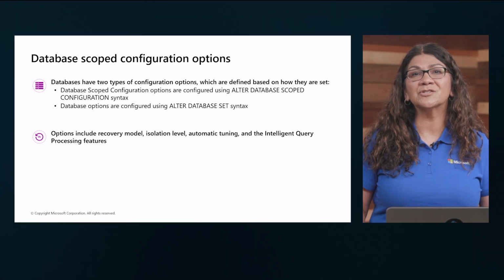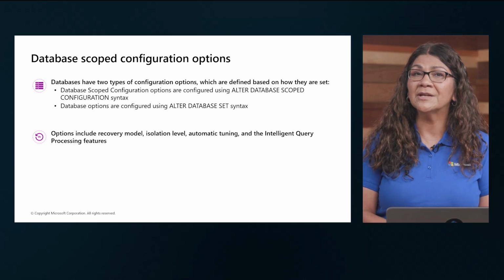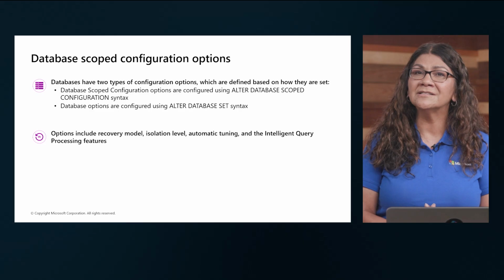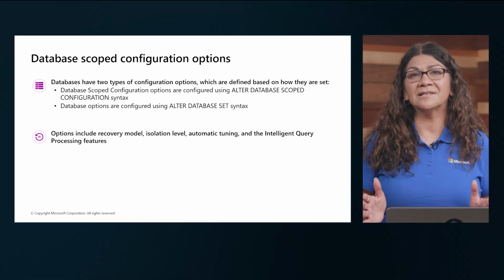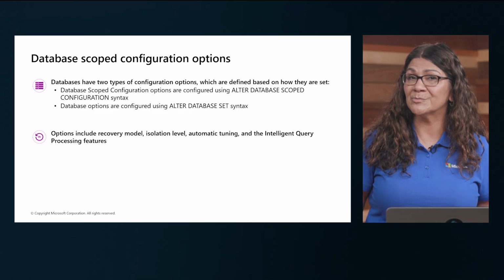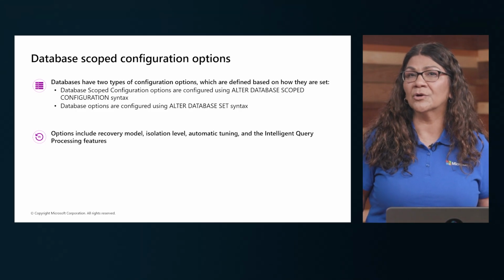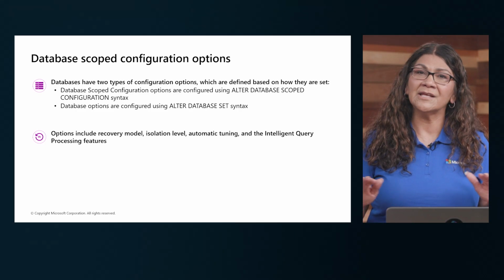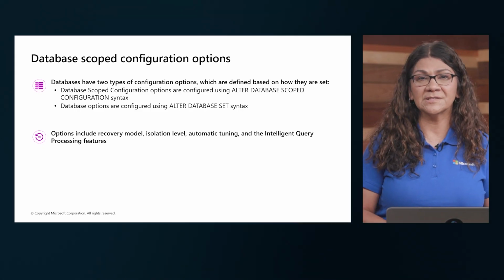Benefits include enhanced query performance, better resource management, and the ability to tailor database operations to application needs. Use cases range from tuning transactional systems for faster response times to enabling advanced features in analytical workloads, all while maintaining backward compatibility with older SQL systems.